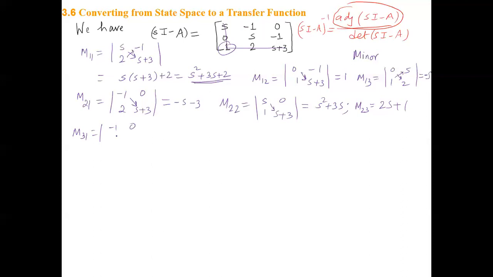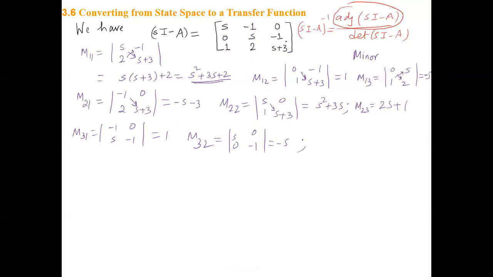Minus 1, 0, S minus 1. What do you get here? So this is 1, this is 0, simply 1. What is M32? M32 is this guy. So this is gone, right? S 0, 0, negative 1. So what do you get here? Negative S, that's it.